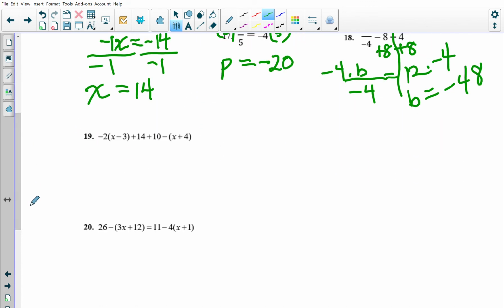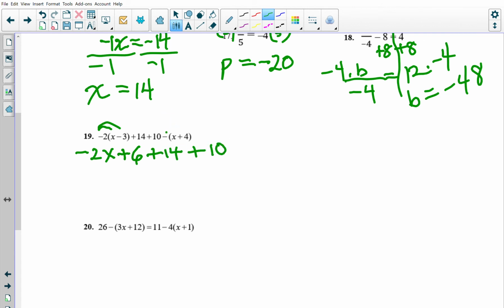Okay, so number 19 is an expression. So we're just going to simplify this. We'll be distributing negative 2 times x is negative 2x. Negative 2 times negative 3 is positive 6. And then I have plus 14 and plus 10.